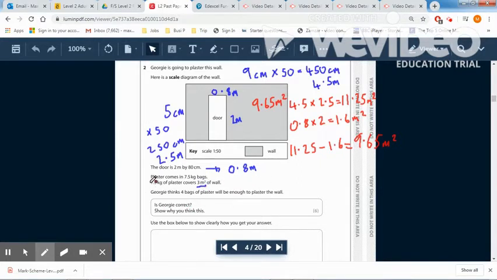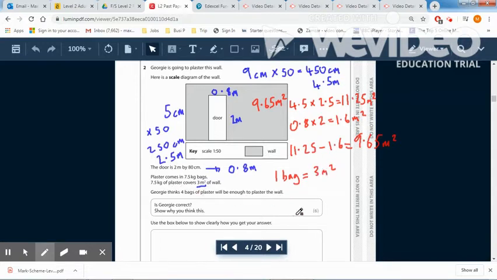It then says that 7.5 kilograms of plaster, which is one bag, covers 3 meters squared of wall. And she thinks 4 bags will be enough. So if we work this out, we could say, all right, one bag is going to cover 3 meters squared.